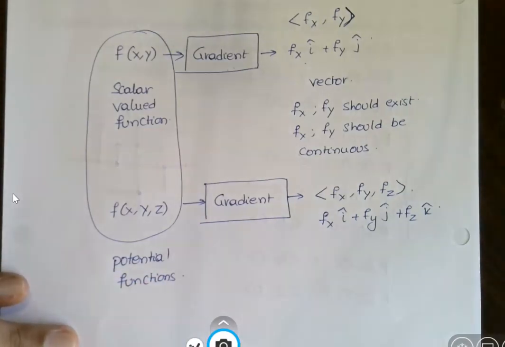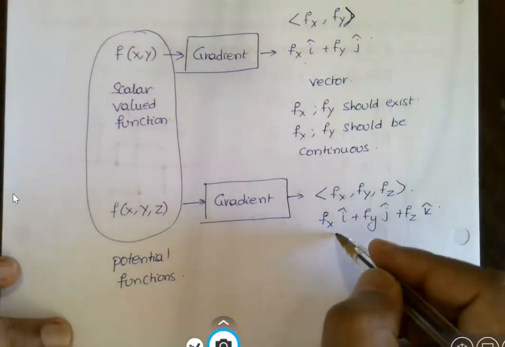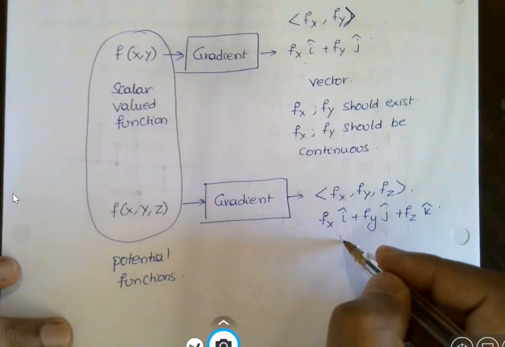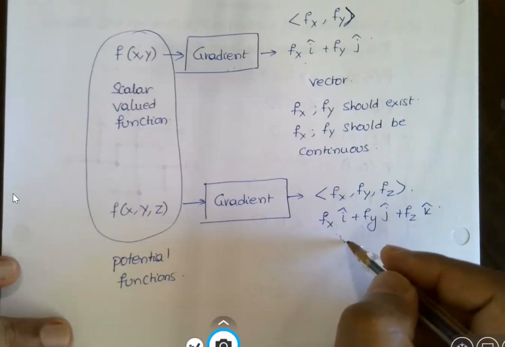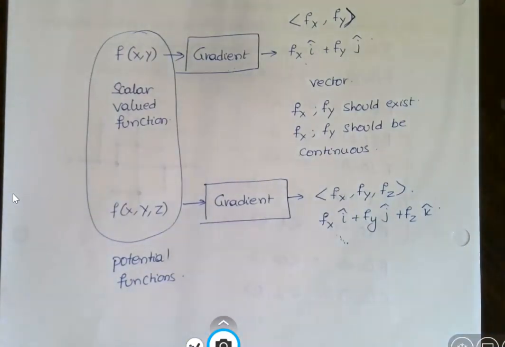And then what do you want to call this f? I think conservative vector fields. Let me just check one time.